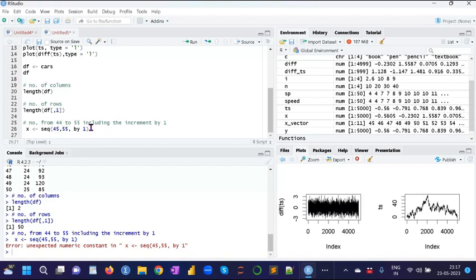Sorry, by equals, I forgot the equal sign.